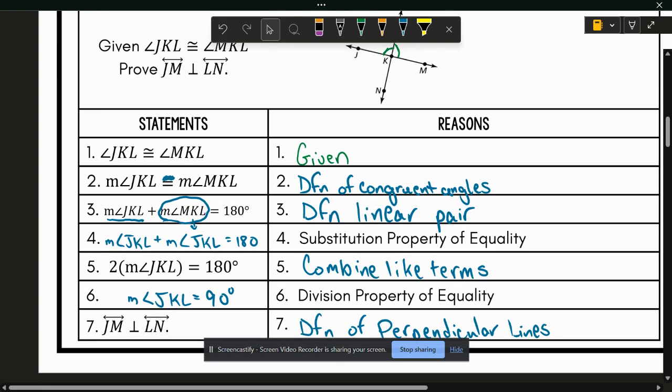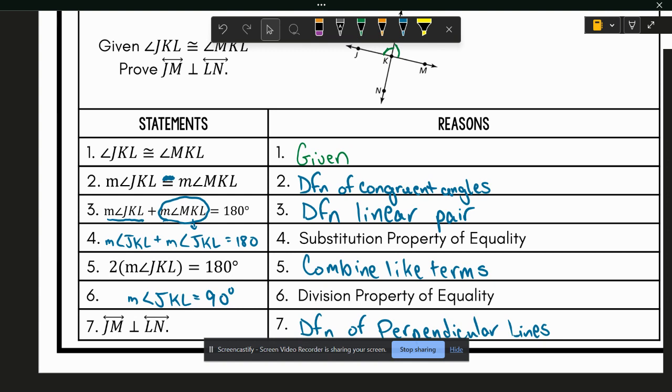So why do we do proofs? Some of you can look at this and see, oh, those are the same angle. They're congruent. It's equal to 90 degrees. Done deal. With proofs, you have to explain each mathematical step or reason. Very similar to what we did the previous day when we were solving, how we had to explain every single step.